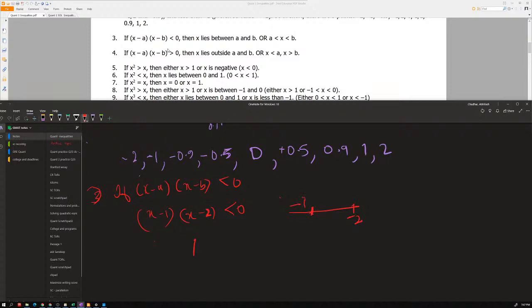So basically, I have to take something that is in between. Okay, sorry, here 1 and here 2. First of all, let me take minus 1. So minus 1 into minus 1 becomes minus 2. Minus 1 into minus, this will again become positive, right? Because it will be minus into minus, plus. So again we cannot take this also. So we can only take in these values. So what I can take, I will take 1.5.